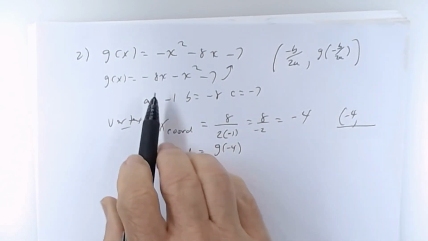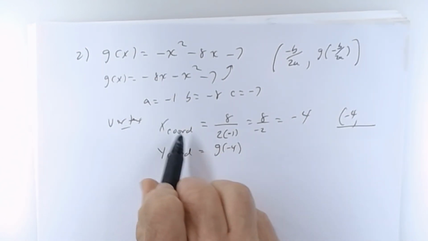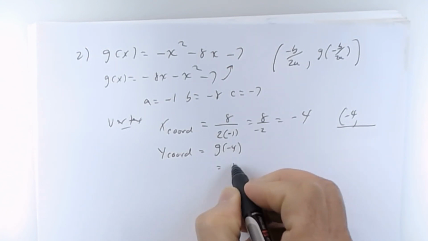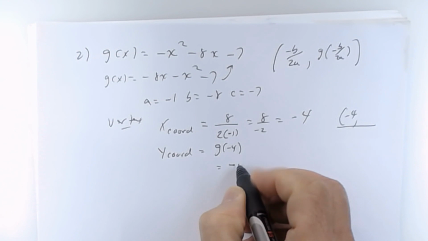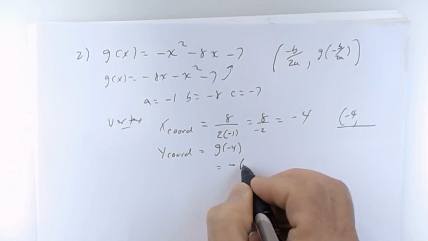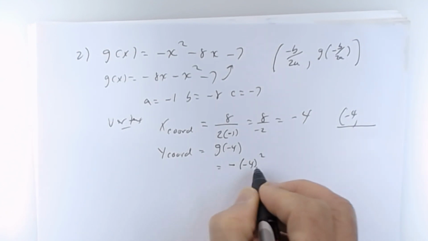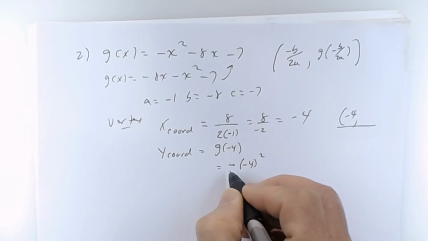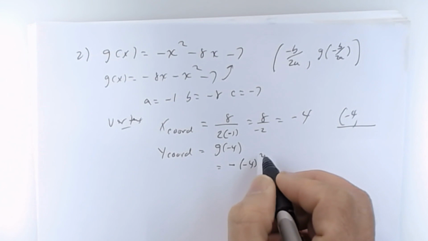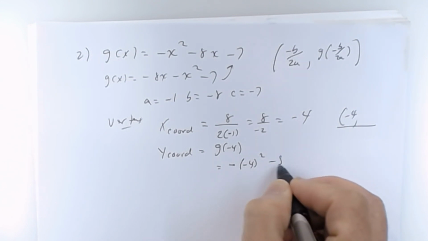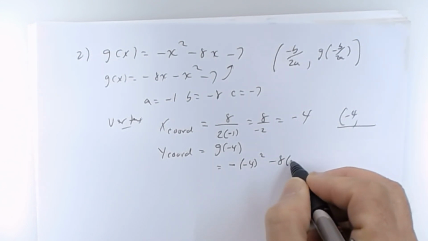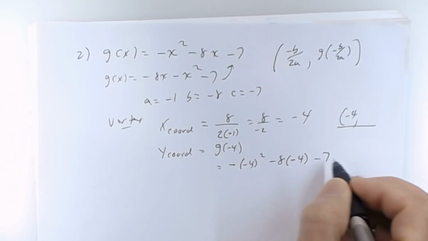So in place of the variable x, you're going to substitute -4. So I get negative x squared. What's x in this case? Put that in parentheses, like this. Negative x squared, minus 8 times x, what's x? And minus 7.